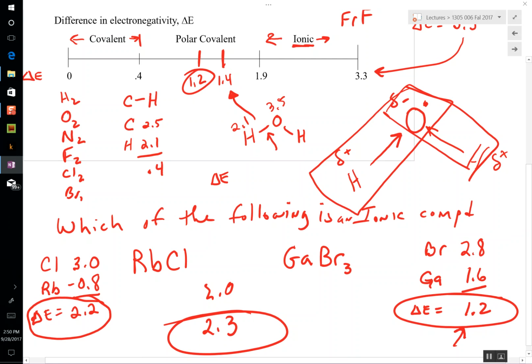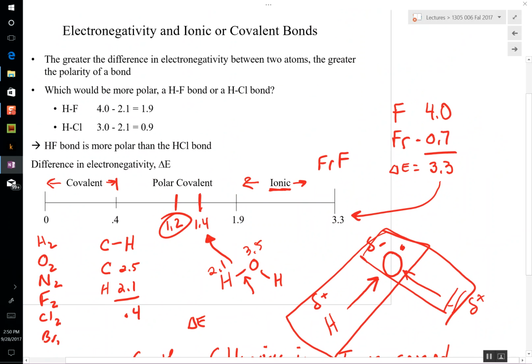All right, so be aware of how to use this scale of electronegativity differences to predict what kind of bonding is there. We basically have covalent and ionic, but in the covalent region, there are covalent bonds where the electrons are shared fairly equally, and there are covalent molecules where the electrons are shared unequally, and you get a polar bond, like water.